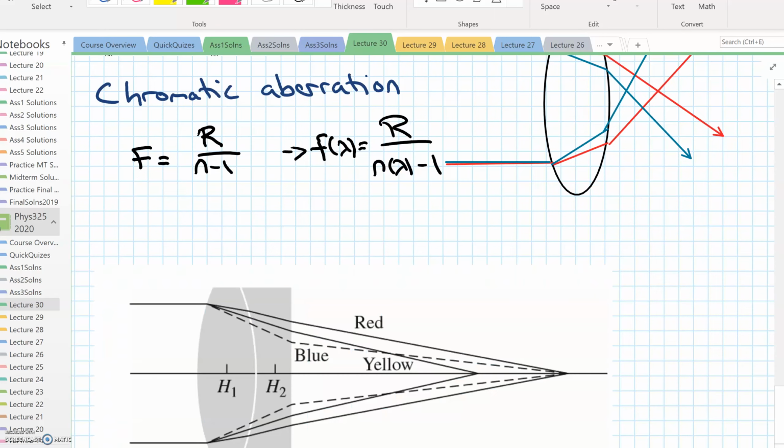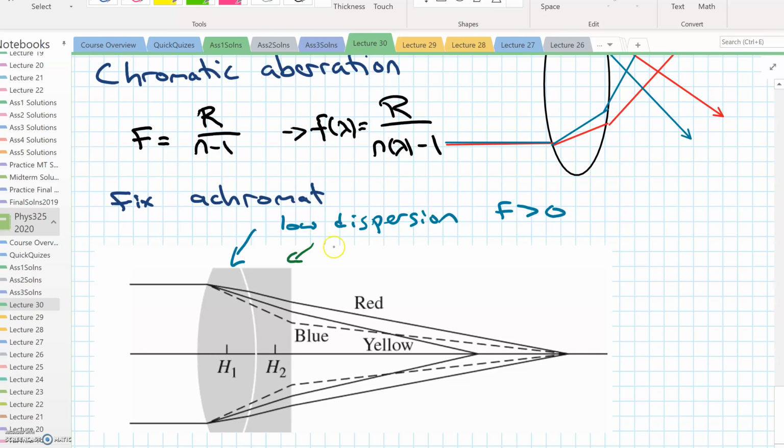And that might be made of just silicon dioxide or something. And then following that, we have a high dispersion negative lens, or a diverging lens. Typically it'll be flint glass or something like that. It's very dispersive, so that our red beam goes along its merry way, and it refracts more weakly, as we showed above.